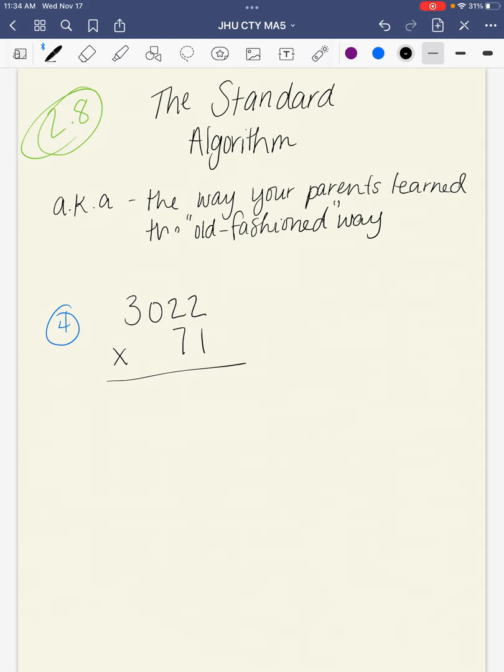And I know that 3 times 7 is 21. So 3000 times 70 is going to have 21 and some zeros, right? 4 zeros to be exact. So our answer should be around that number. So let's check that. Our answer should be around 210,000.